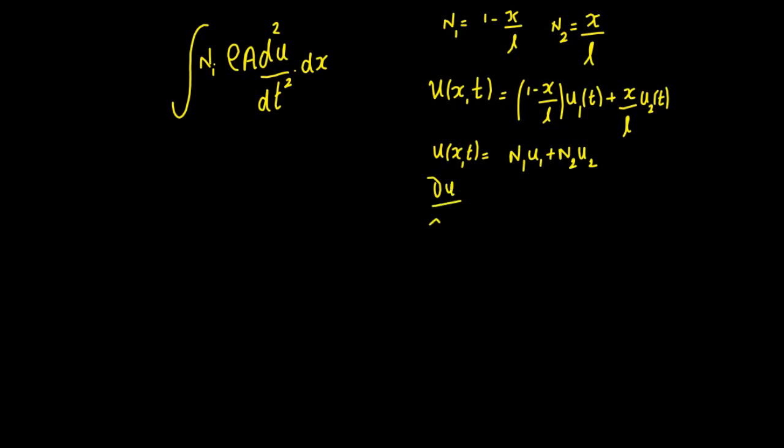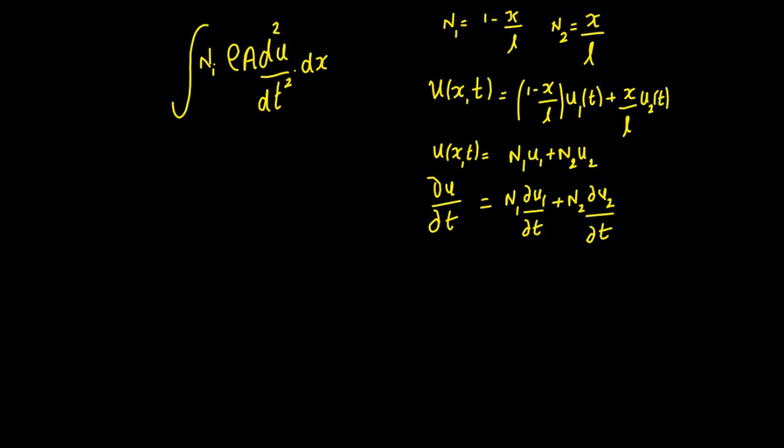Now, tell me what is dou u, partially differentiated with respect to time. You are going to get N1, which is not a function of time, into dou u1 by dou t, plus N2 into dou u2 by dou t. Since u1 and u2 are functions of time, I'm just differentiating them with respect to time.